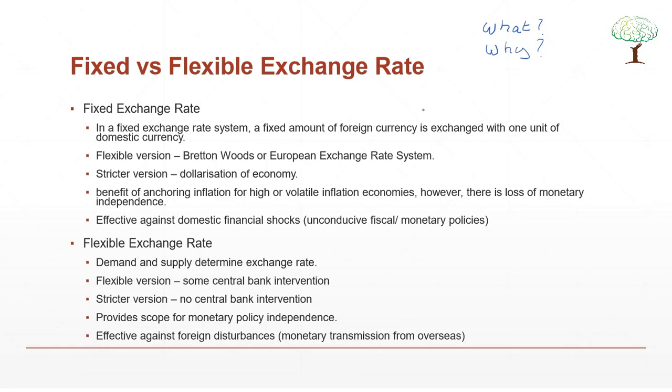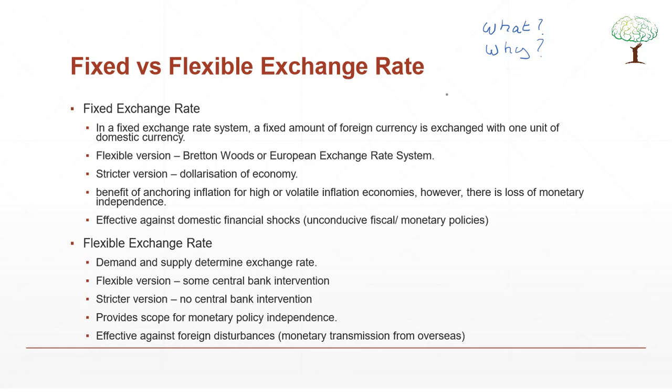The flexible exchange rate mechanism started mainly in 1973 after the Bretton Woods system collapsed, and there were various benefits that were seen in a flexible exchange rate mechanism.